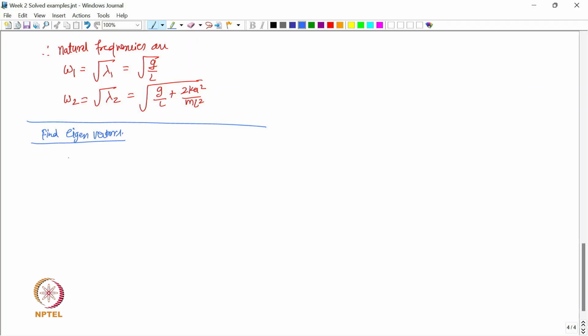Let me write that eigenvalue equation: the matrix with k s² plus mgl minus λ1, which was the first eigenvalue, times m l², minus k s², minus k s², and k s² plus mgl minus λ1 times m l², multiplied by the displacement vector, which we call θ10 and θ20, equals 0.